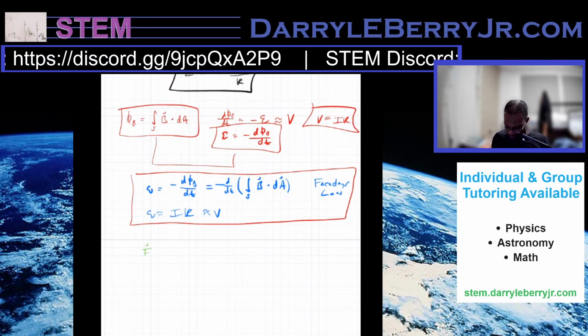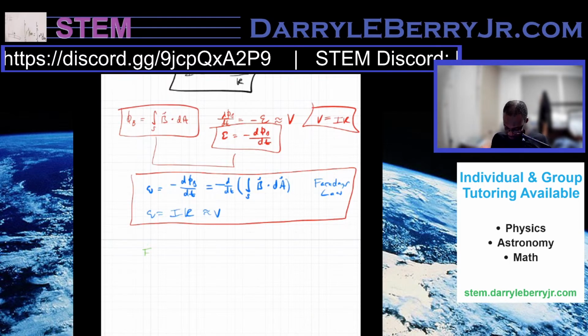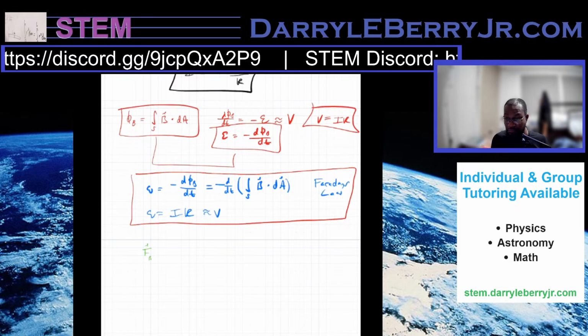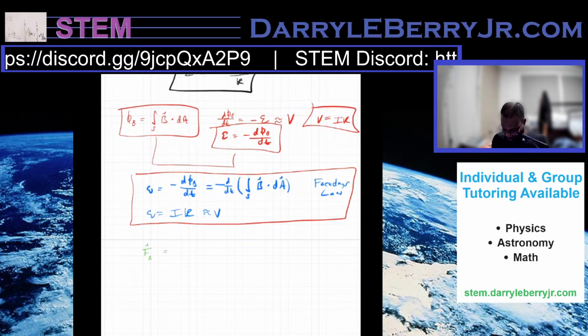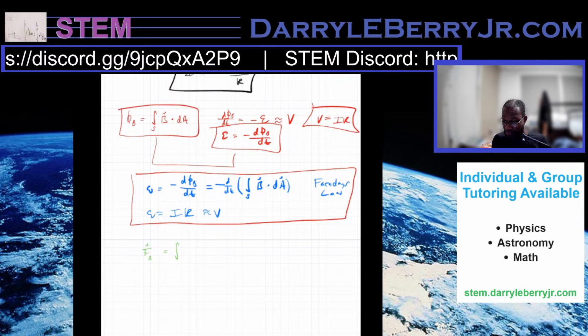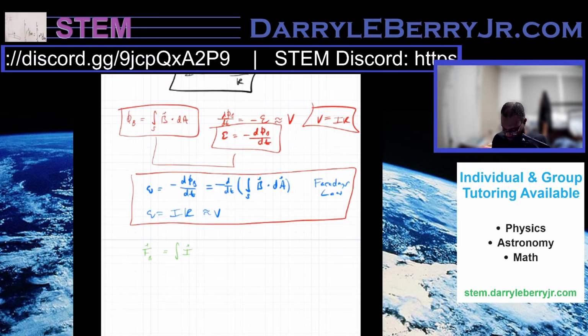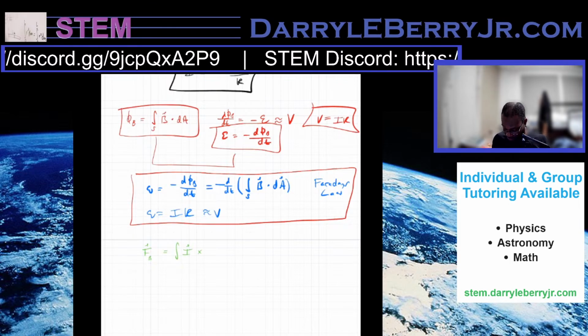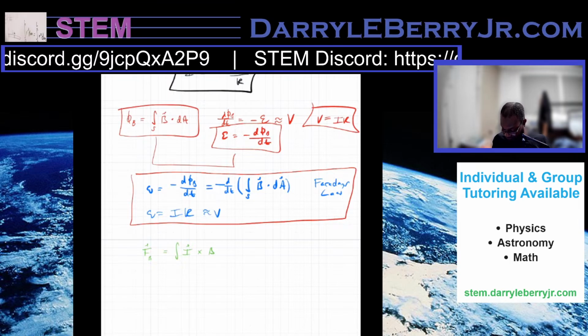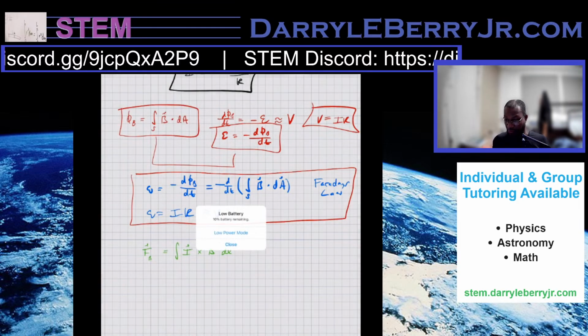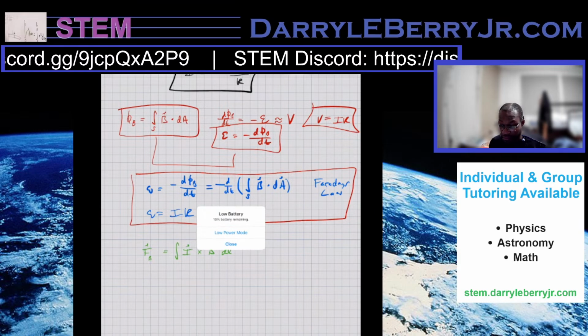Magnetic force equals the integral of the current cross product the magnetic field, integral over the loop.